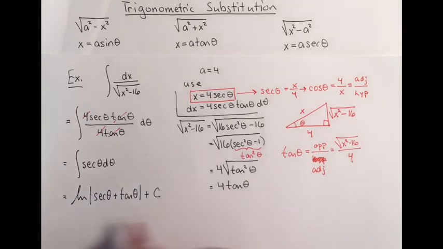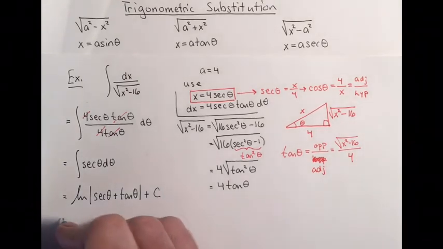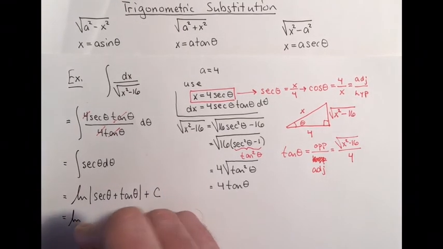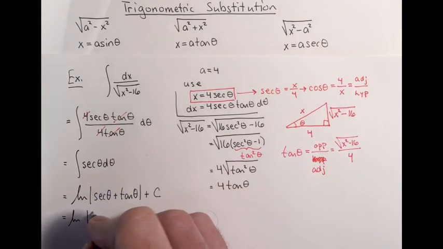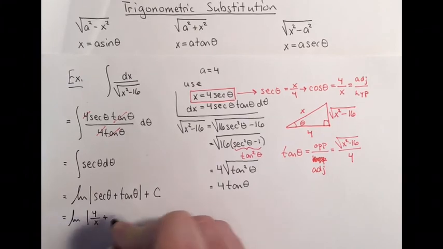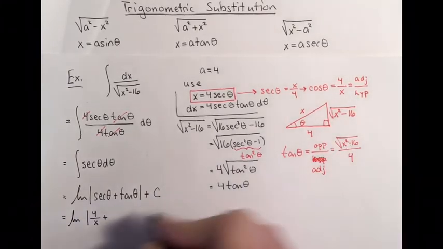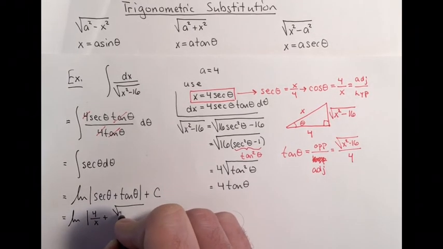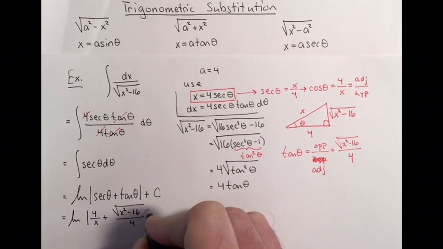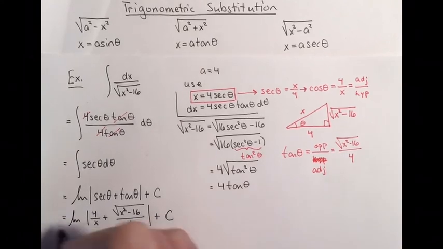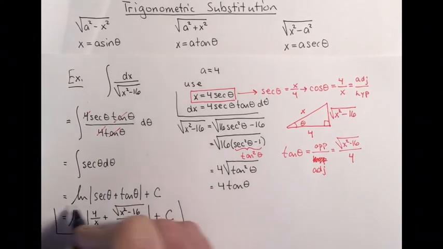And so now we plug everything back in, and our final answer will be ln absolute value secant theta is 4 over x... sorry, x over 4, plus tan theta. Tan theta is this ratio, square root x squared minus 16 divided by 4. Put in our plus c again, and that is our final answer.